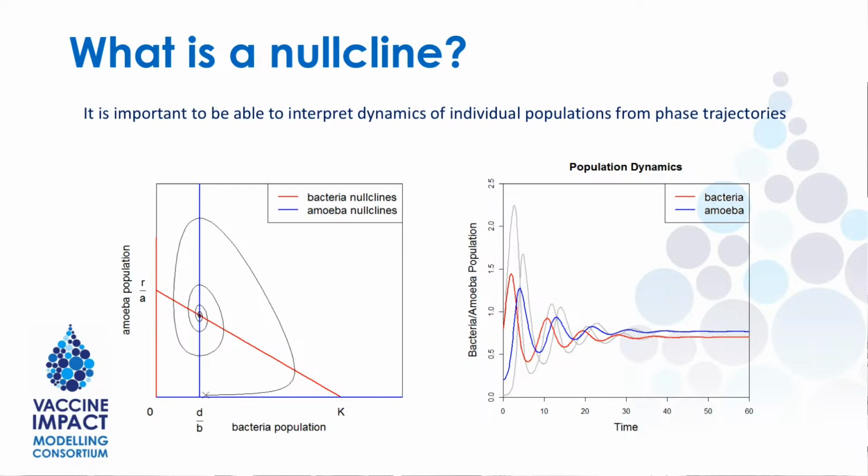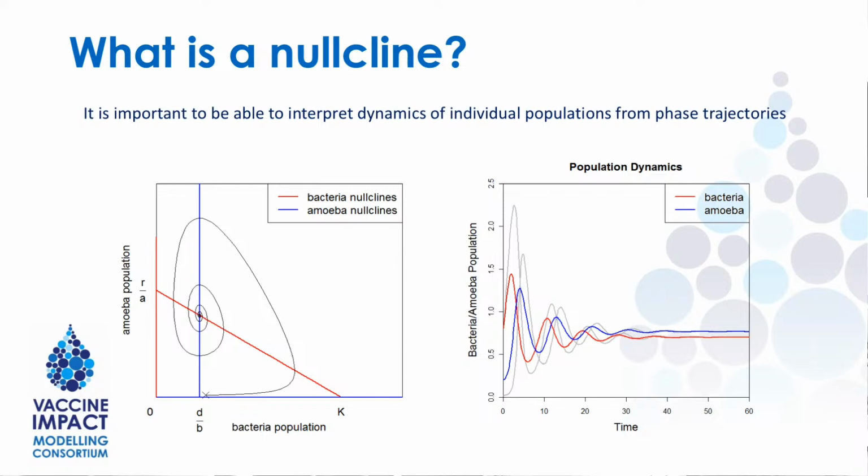So here, x equals 0 is that line. Yeah. If we've got no bacteria, nothing's changing. So our differential equation will be 0 at that point. Same along the x-axis, so y equals 0. We've got an amoeba null line.